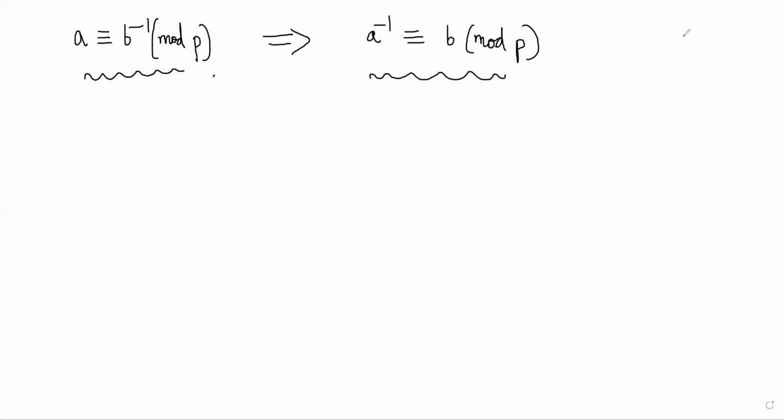Basically, I'm saying if A is equal to B inverse, then B is equal to A inverse, as long as you have the same mod B.